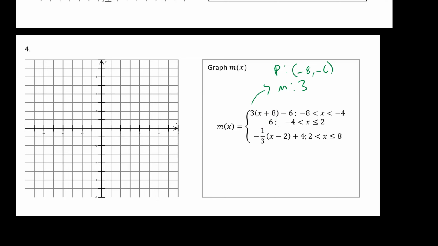What is this going to give you? Do you guys know yet? That will be this, guys, from negative 4 to 2, you're going to have a horizontal line. What's the point that you're using in this one? 2 and 4. And your slope? Negative 1/3.